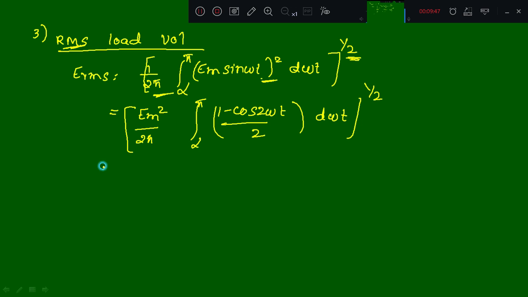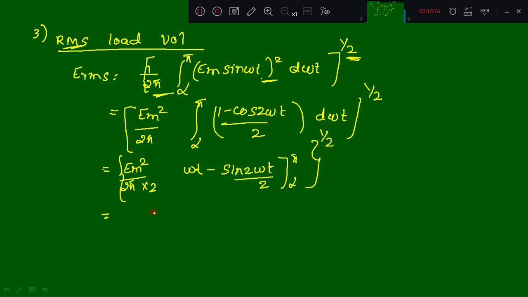If we simplify this, we have Em square upon 2 pi, this 2 will come out, into 2. Now integration of 1 with respect to d omega t is omega t, minus integration of cos is sine 2 omega t divided by 2, and the range of integration is alpha to pi, raised to half.